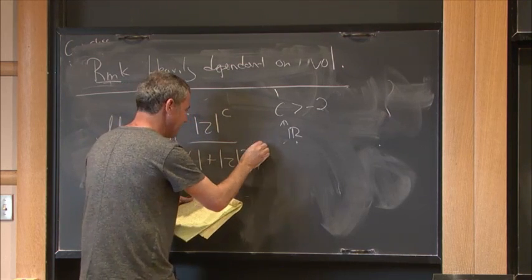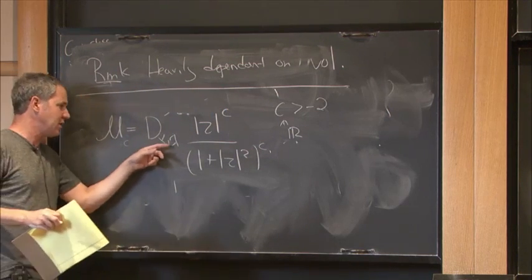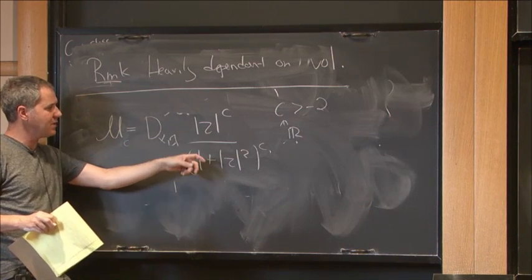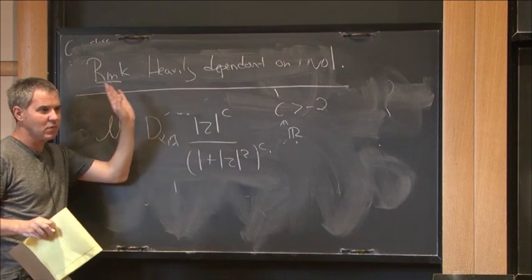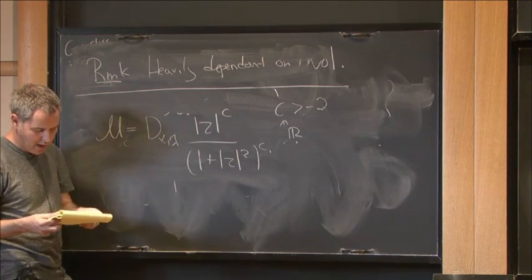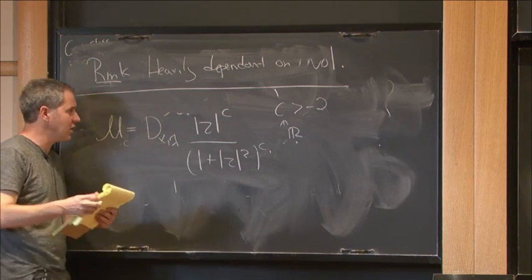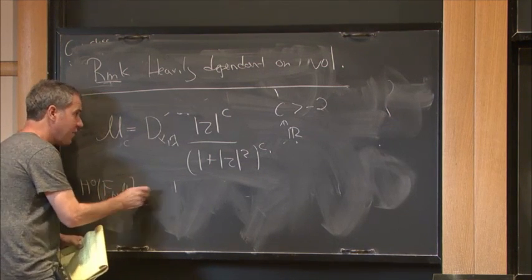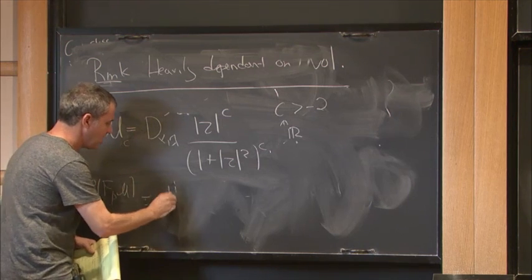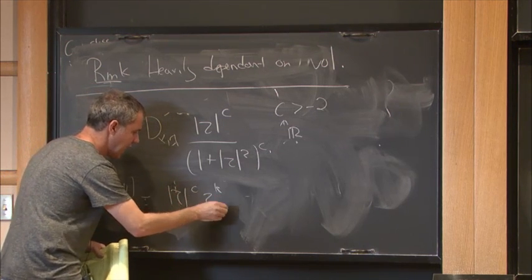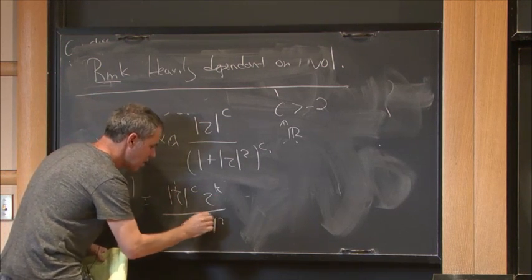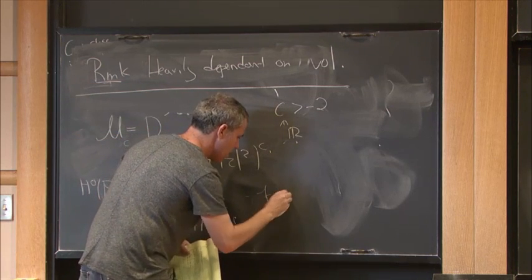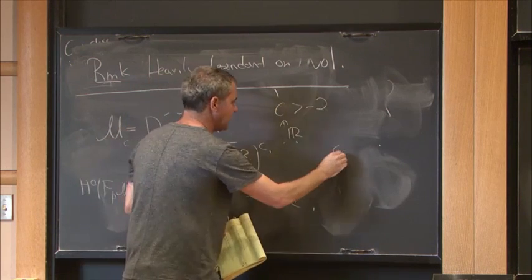So there's a twisted D-module that I can put on P1, which looks like this. It looks like dx lambda times z^c over (1 plus |z|^2)^c, or D^c. You can figure out what the Hodge filtration is. So the H^0 of F_p of M is going to consist of guys that look like z^c times z^k over (1 plus |z|^2)^c, where k is an integer, and maybe I assume that c is not an integer.